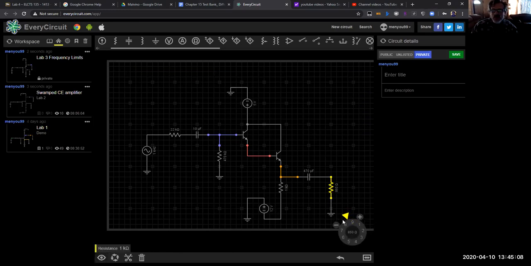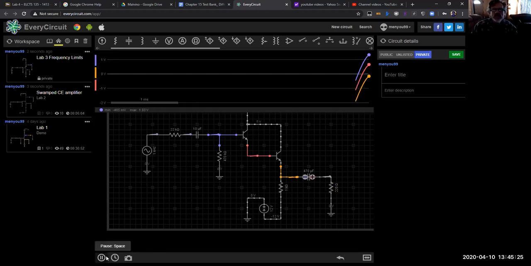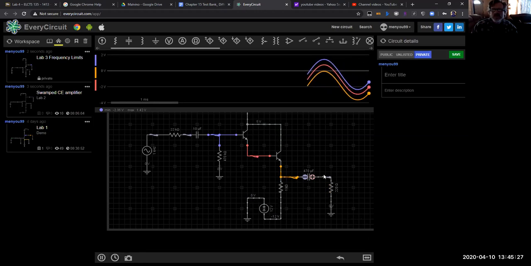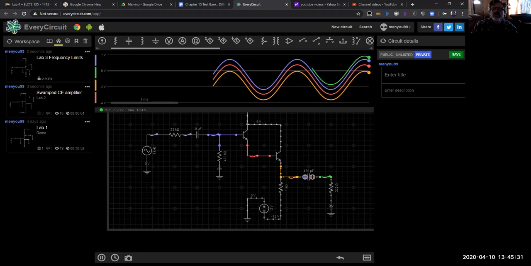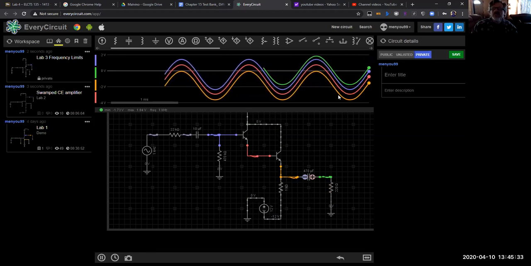I will point out that you notice there was no clipping in this case, right? You didn't have anything affecting the rise and run of the output at all. Much smoother overall. It's a very stable amplifier, if you will. If we look at that, no clipping or anything like that.